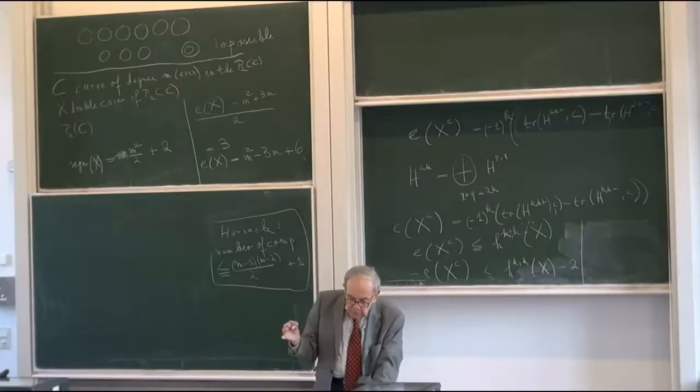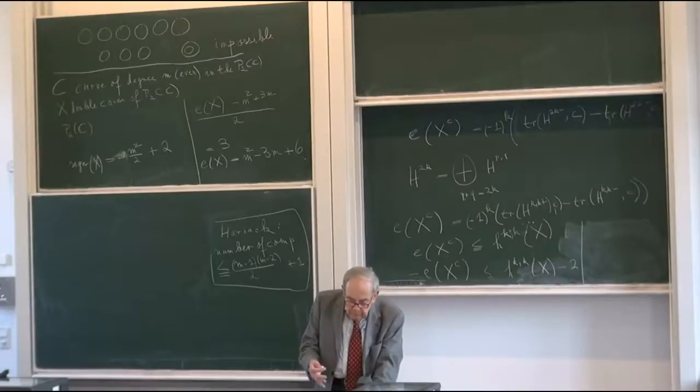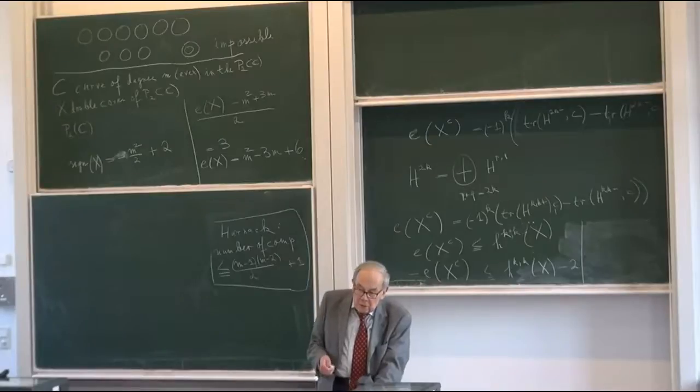So for the complete intersection, in particular for hypersurfaces themselves, h^{KK} is known. And so then you know that for the real models, we have an estimate for the Euler number in terms of this h^{KK}. And now you can try to look at applications.